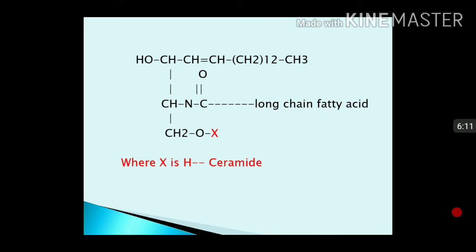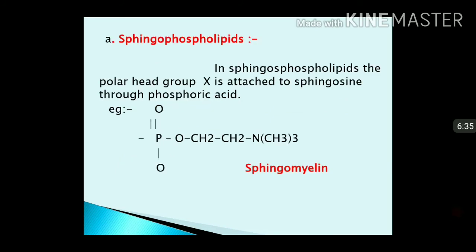So usually the structure of sphingolipids is like this. In the amine alcohol sphingosine, at second position, usually a long chain fatty acid is present, and at third position a group X is present. When X is H, then it is called ceramide. In sphingolipids, the polar head group X is attached to sphingosine through phosphoric acid.